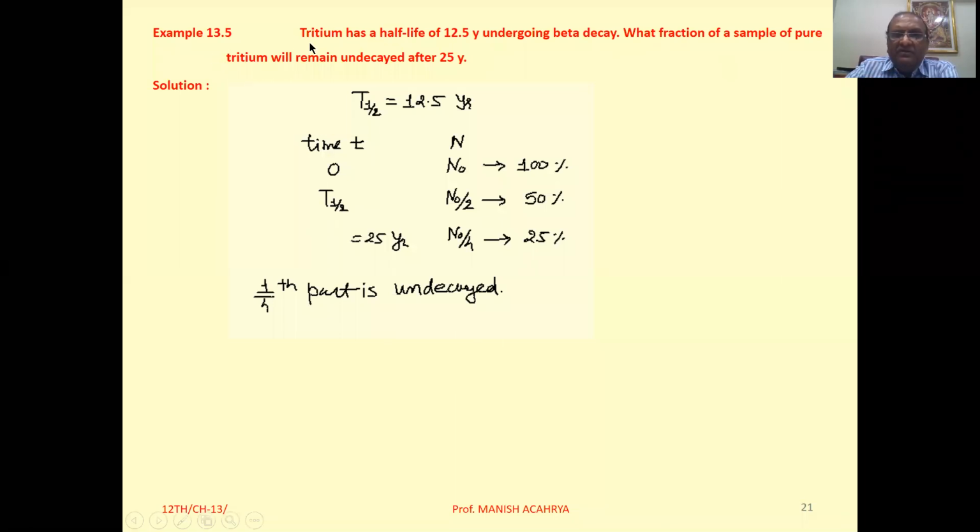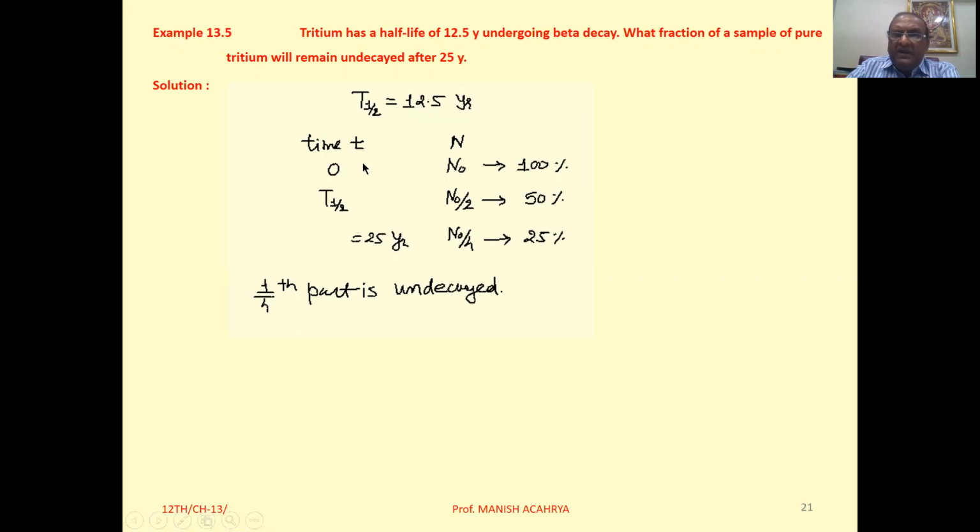Example 13.5. Tritium has a half-life of 12.5 years, undergoing beta decay. What fraction of a sample of pure tritium will remain undecayed after 25 years? Now see here, T1 by 2 is given to you as 12.5 years.